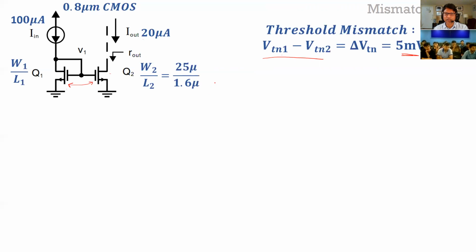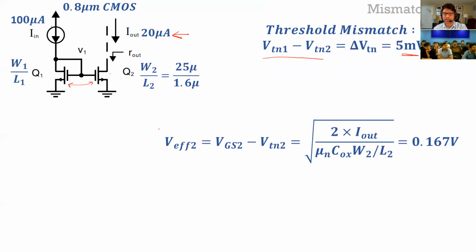So what I wanted you to find out is, because of that difference, how much does this I out differ by? I think a lot of you have subtracted this number from 100 microamps and found the difference, but that's not what the delta is. Delta is like, if there was no mismatch, then you'd get 20 microamps. If there was a mismatch, then how is it different from 20 microamps?